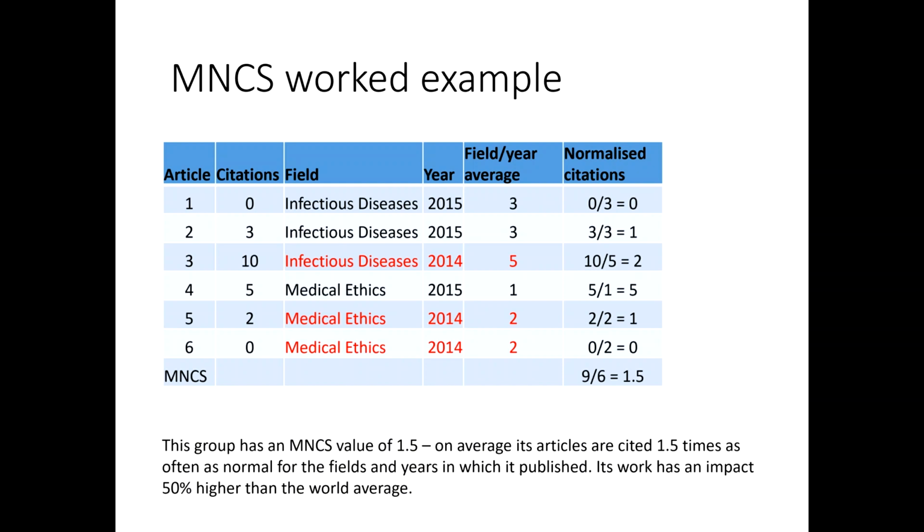If we normalise all the articles in this way and then average them, we get 1.5. So on average its articles are cited 1.5 times as often as normal for the fields and years in which they were published, or its impact is 50% higher than the world average for these 6 articles.